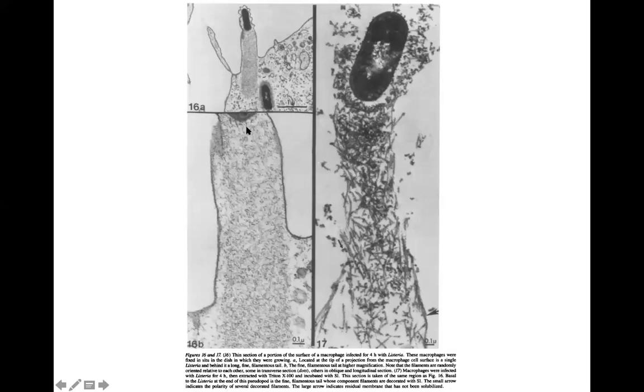This is read from here to here at higher mag. There's the tail end of the bug. And what I want to point out is that this fibrillar material, these actin filaments, do not look like a bundle. They look like tiny little bits of stuff.